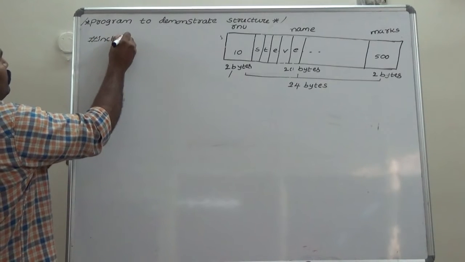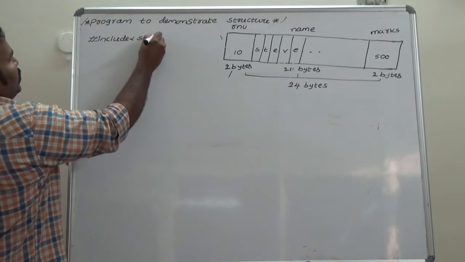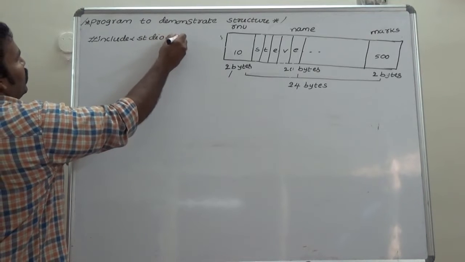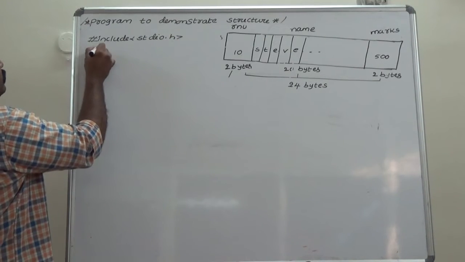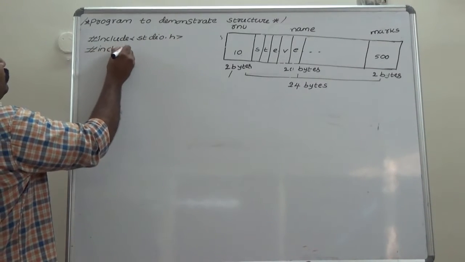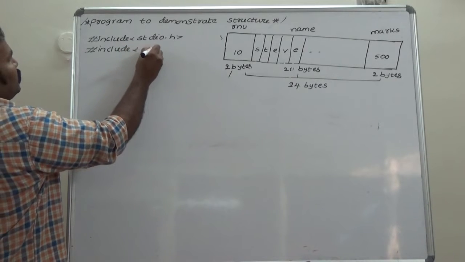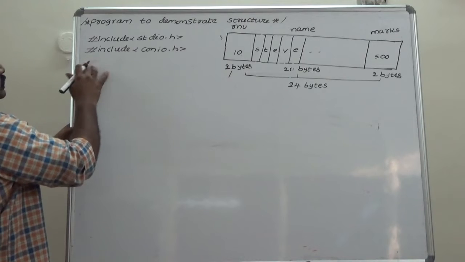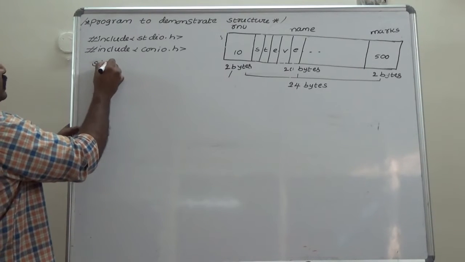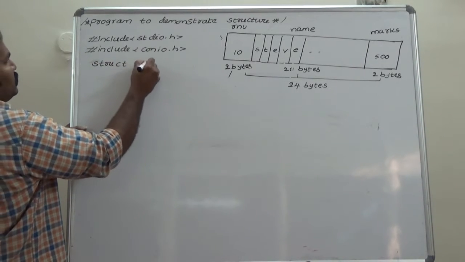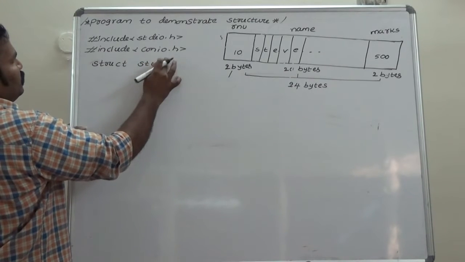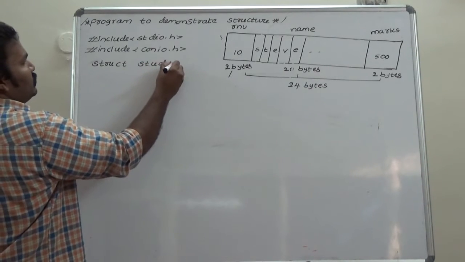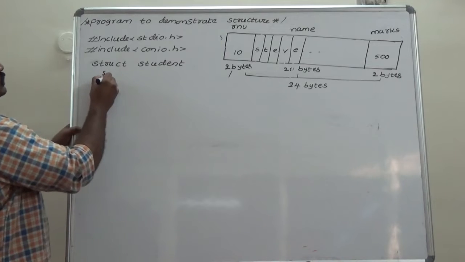Include stdio standard input output header file, include conio.h header file. Next, here I am defining a structure, struct student. Okay, struct student. So this is global declaration.